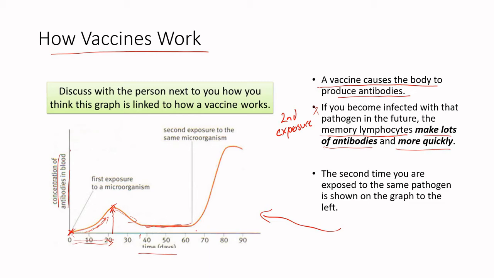Let's just say you get exposed a second time, so about 64 days here, to that particular pathogen. The second exposure causes a rapid increase here in the number of antibodies produced.